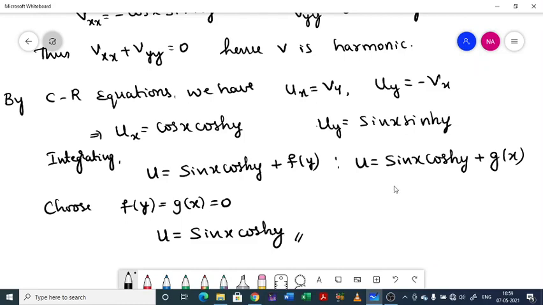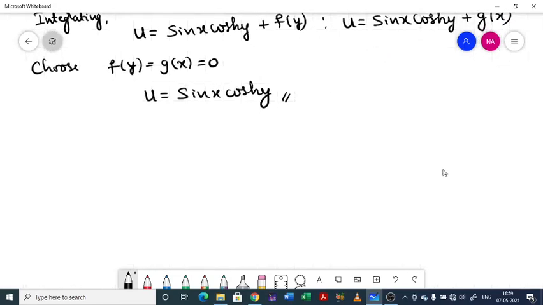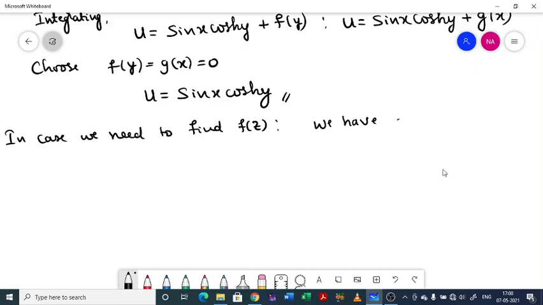In case you need to find the function, this is not asked here, but generally it will be asked. In case we need to find f of z, suppose f of z is asked, in that case we have f of z equal to u plus iv.